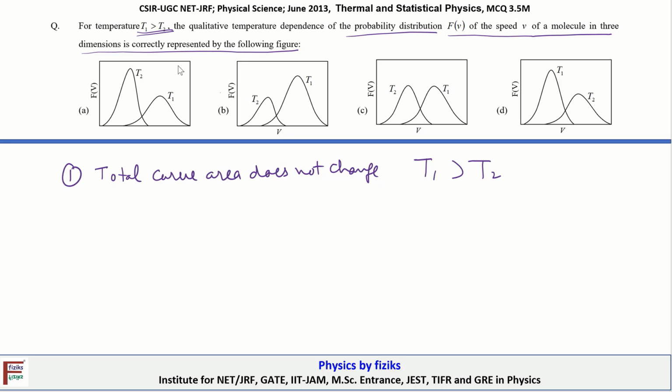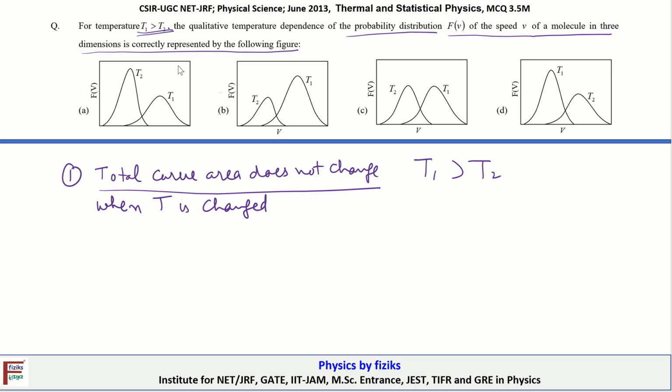The curve area basically represents the total number of gas molecules. Here it's given as the speed of a molecule in 3 dimensions, but in principle, remember that the total curve area gives us the total number of gas molecules in the system. It doesn't change when temperature is changed.